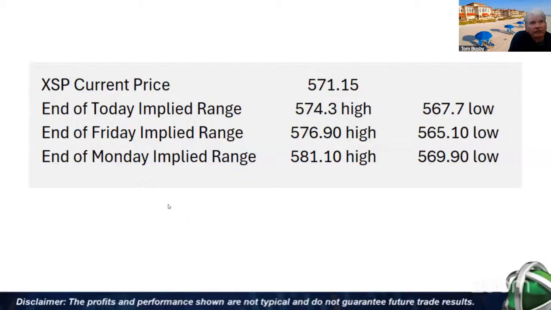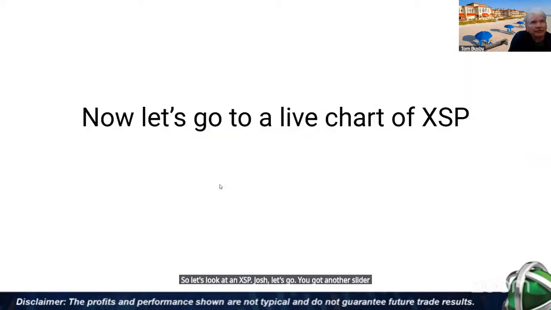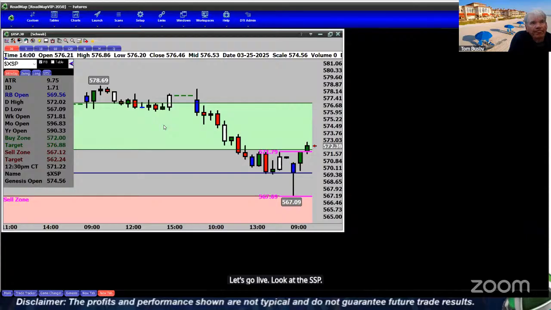So, let's look at the XSP. Jonathan, let's go. You got another slide or is this it? Let's go to a live market, look at the XSP. Remember that number. First, this is where you probe.